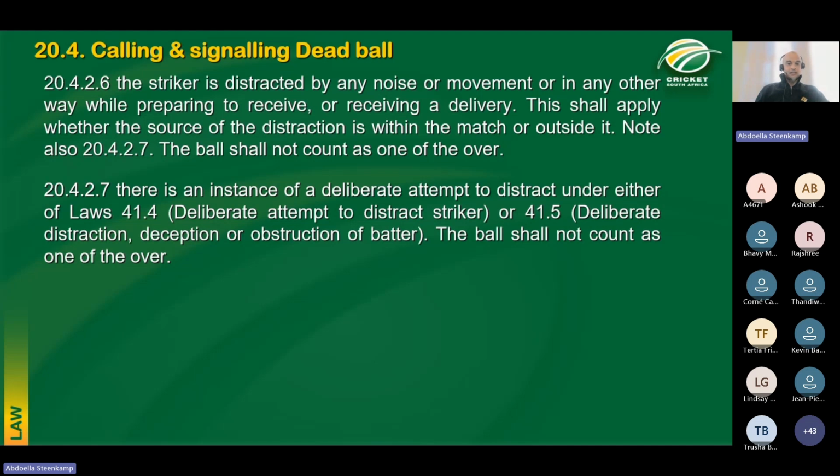In those instances, you, the umpire, need to intervene by calling and signaling dead ball, and that ball will not count as one for the over. But for now, just know if 41.4 and 41.5 happen, you need to intervene by calling and signaling dead ball. In level 2 and 3, we're going to go into lots of detail when it comes to Law 41.